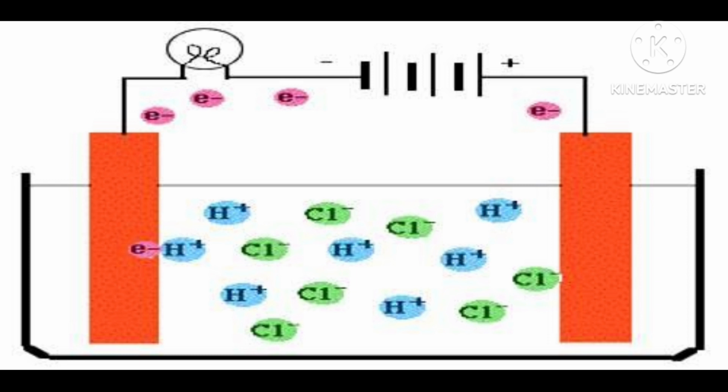This ion moves, and what I want to tell you is that this ion carries charge, either positive or negative. If it carries positive charge, it is called cation. If it carries negative charge, it is called anion.